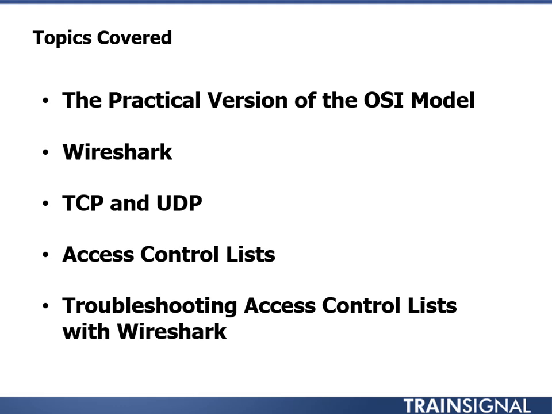And Wireshark is set up to organize all of those frames and packets and segments exactly as we organize the OSI model. So actually Wireshark used the OSI model to set up its analysis of each frame, packet, and segment. We're then going to use Wireshark to capture TCP and UDP sessions and really understand how they operate.